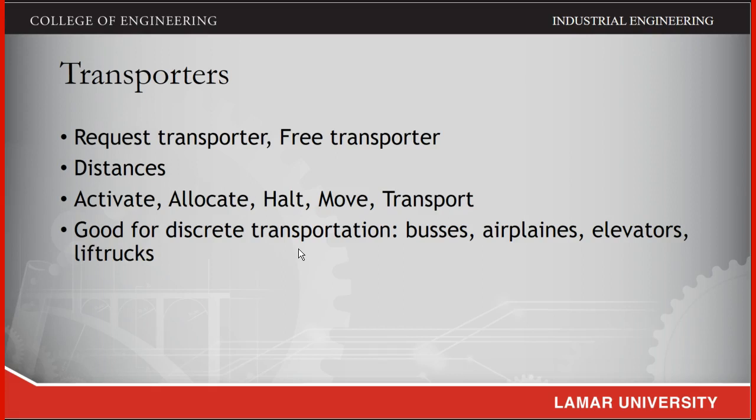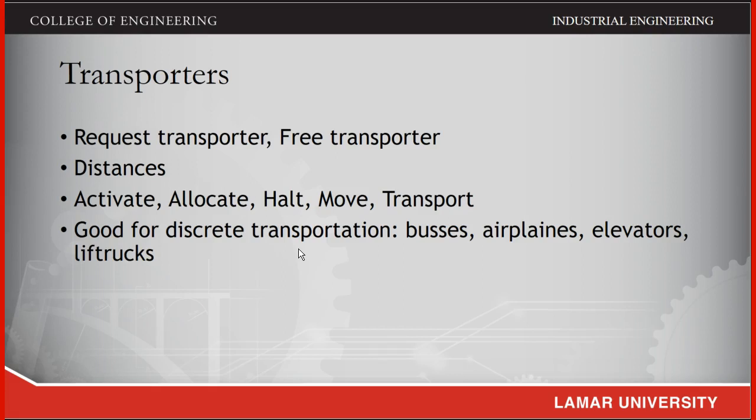So when we think about how to decide the distances, we need to account for all the possible combinations that any transporter may have to travel without any entity in order to, after being freed in one location, be requested in another location, and the transporter will travel without any entities.